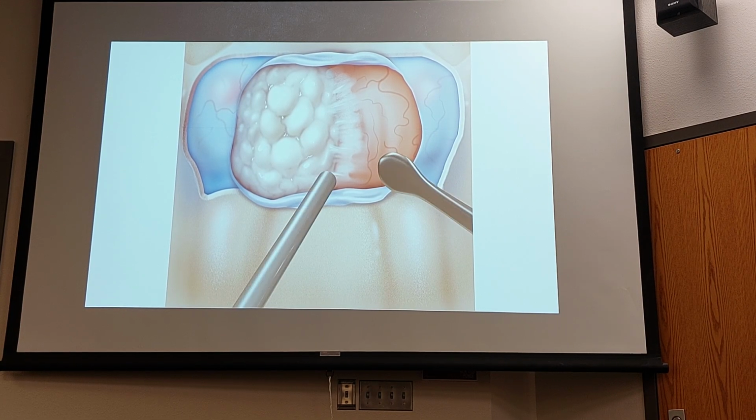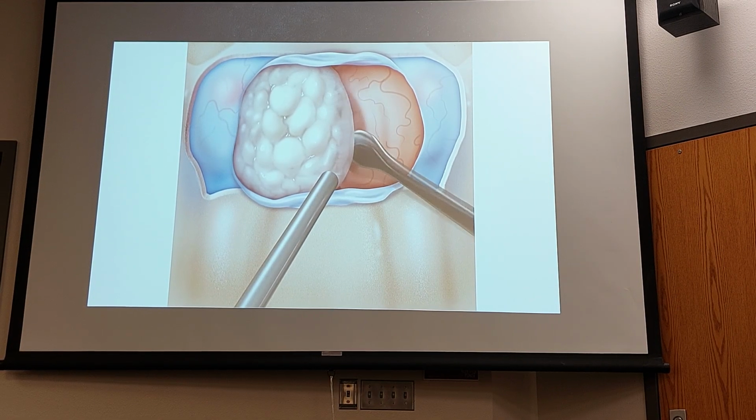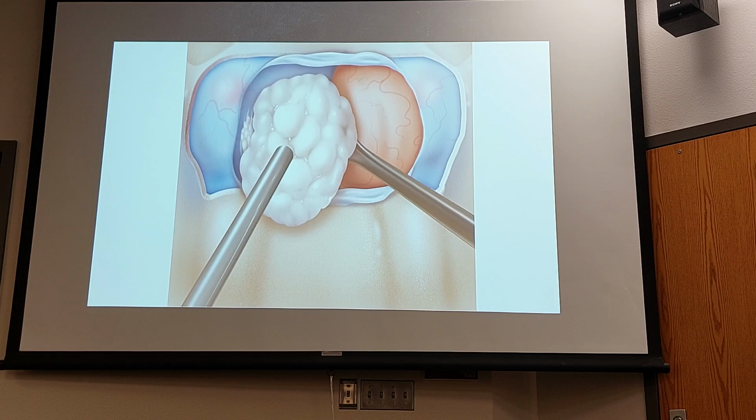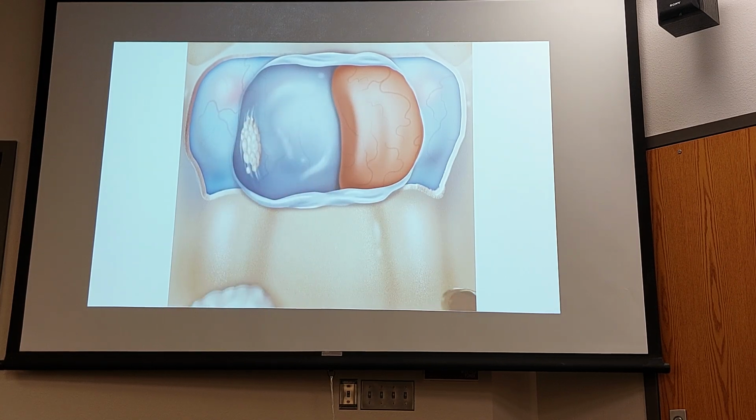By identifying this interface between both the pituitary gland and the tumor, we can develop an accurate plane of dissection to separate the tumor away from the pituitary gland. Whenever possible, we aim to perform an extracapsular dissection of the tumor to accurately separate it from the pituitary gland.